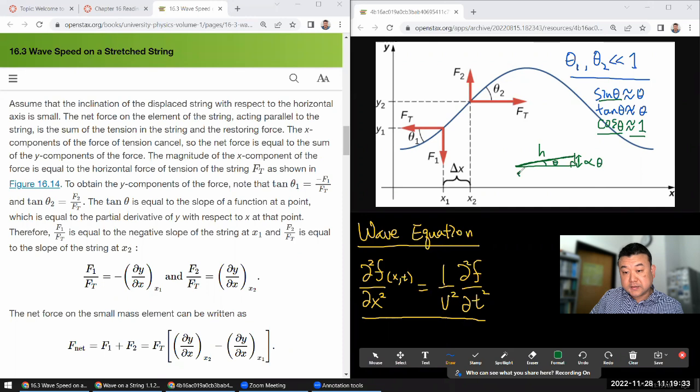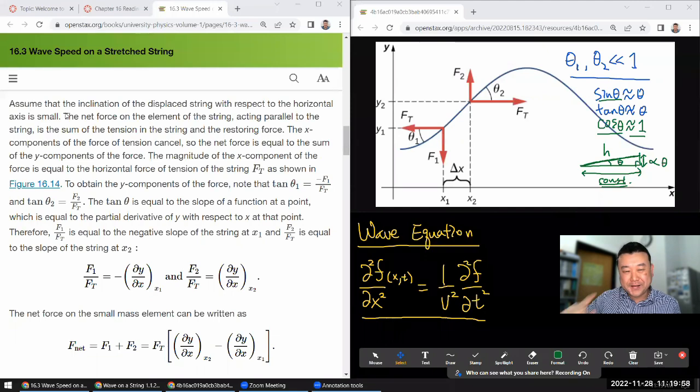But the adjacent side, which is related to cosine, we are going to treat as being constant. That's the details of the assumptions we are making when we are making the small angle approximation, as the rest of the discussion in the textbook will.